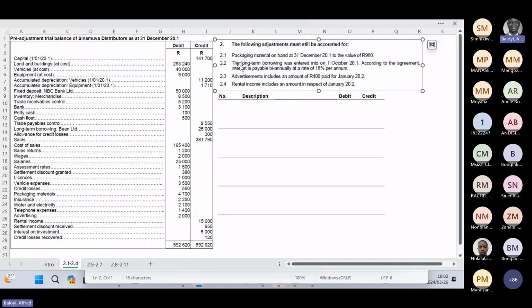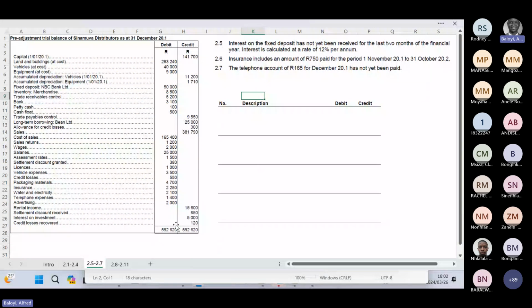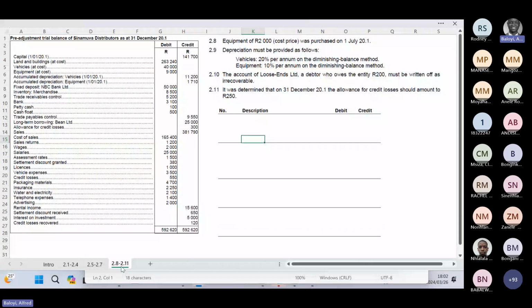Looking at this question, we will do the first 4 adjustments, and then I will take questions, then I will do the next 4 adjustments, and we'll take questions, and then we'll do the last 4 of them, and I'll take questions. But if you have anything that you need clarity on, you can pose your question and you will be answered on the chat as well.